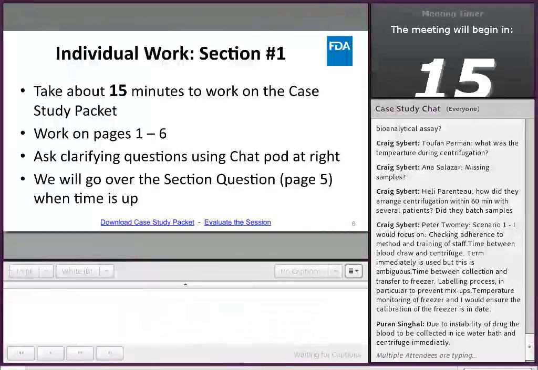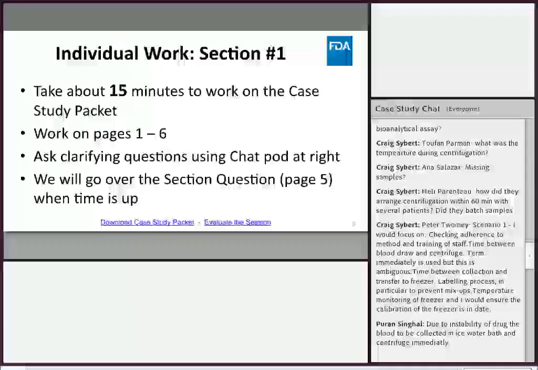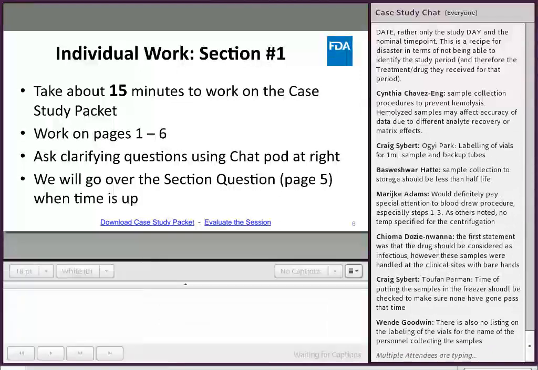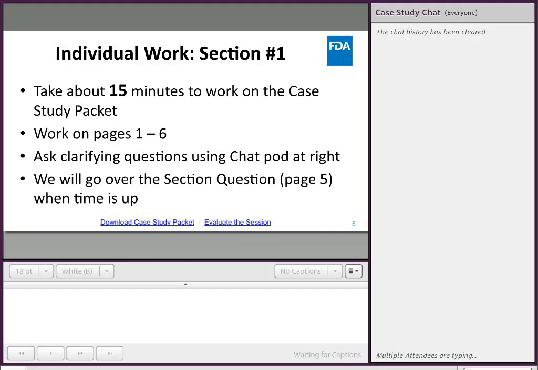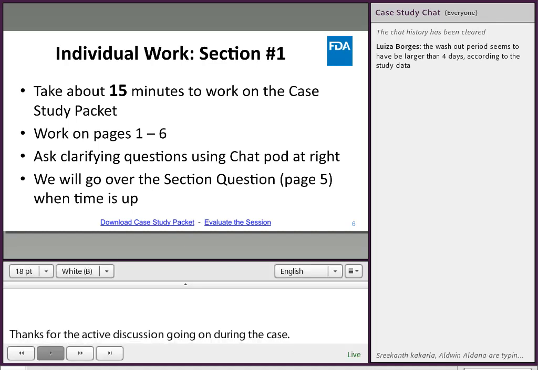So we will be discussing section 1 in about... Thanks for having that active discussion going on during the case. So what we will do is we will clear the chat box and maybe you can put in the answers in the chat box and then we will have a quick discussion on section 1.